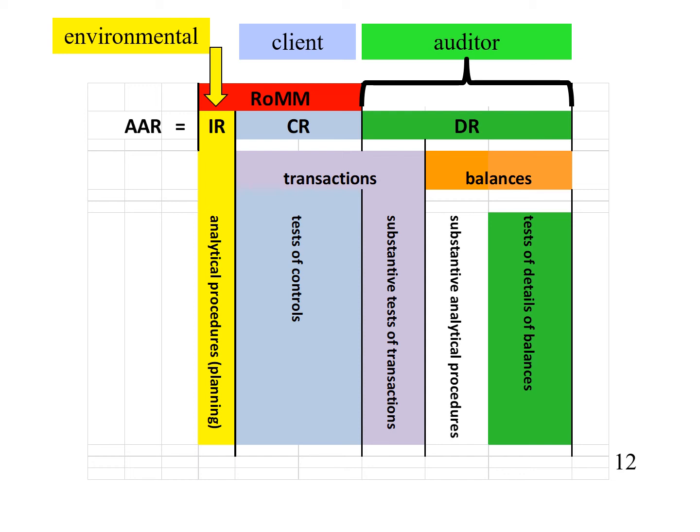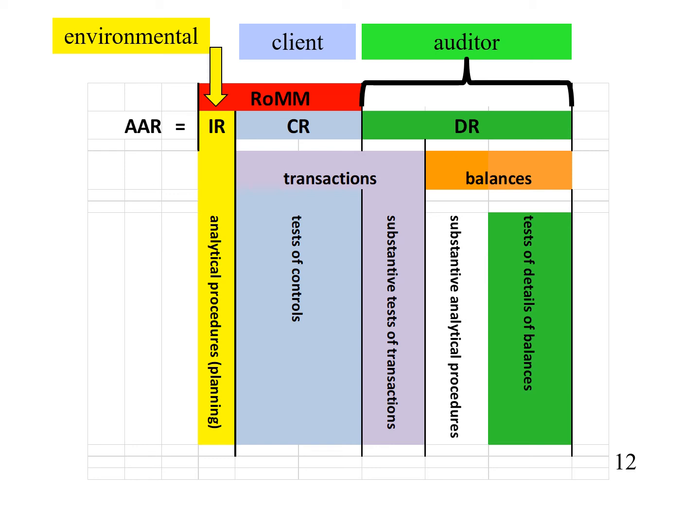Now you'll notice transactions, there's a purple area that kind of bridges from control risk and detection risk. And that's because we test controls, we almost always, not always, but almost always test transactions. We can also perform substantive tests of transactions. If you completed the Vouch and Trace project, those were substantive tests of transactions to see if the sales account was fairly presented.